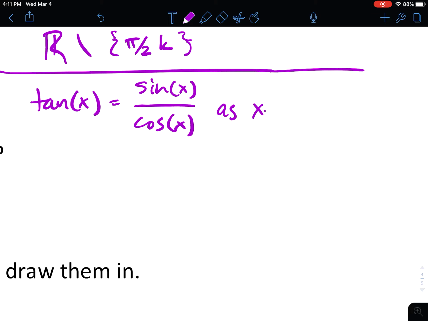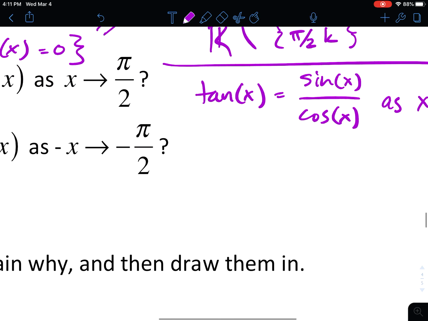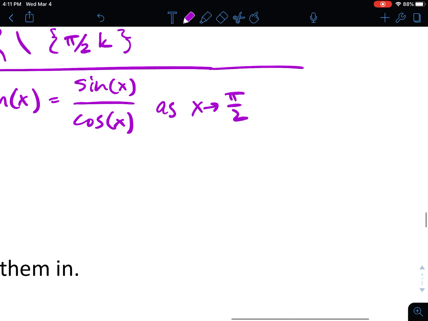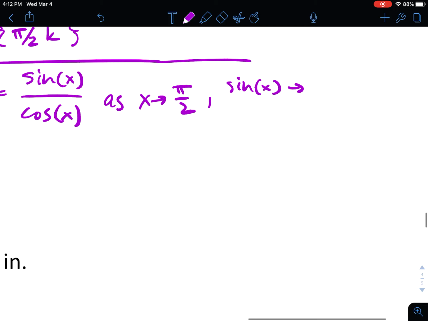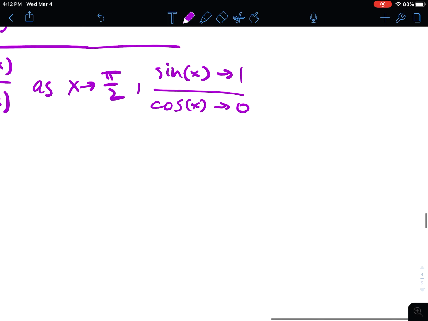So as x approaches pi over 2, sine of x is approaching 1, and cosine of x is approaching 0.